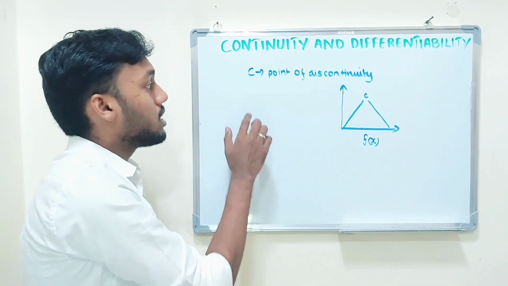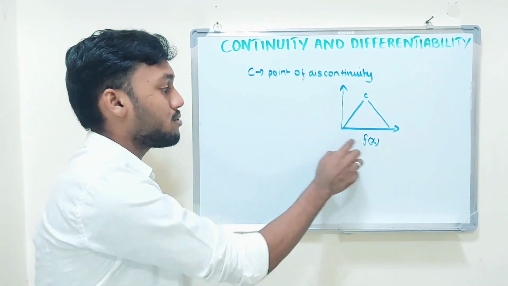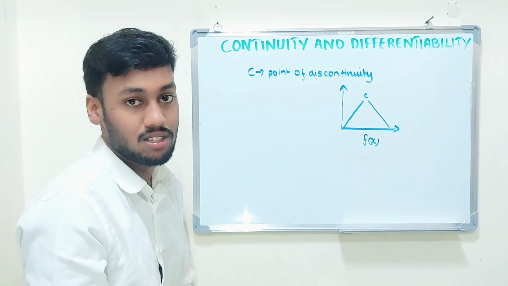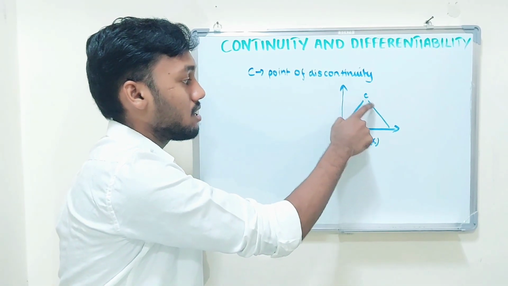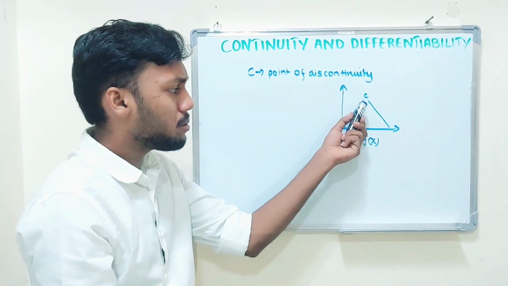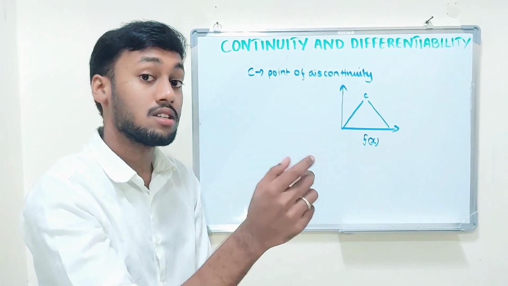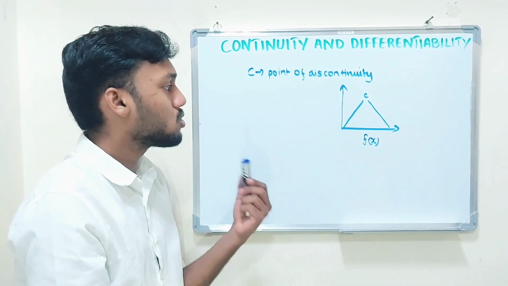I have already said that c is a point of discontinuity. Consider this graph for a function f of x, which has these lines, and there is a point of discontinuity, c. That point c determines whether the function is discontinuous or continuous. So how do we know it?